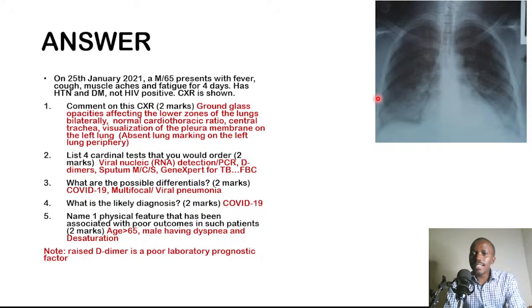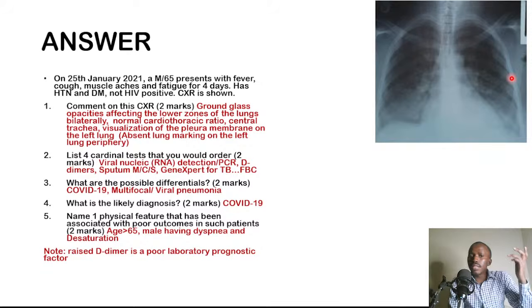So you have this ground glass appearance affecting the lower zones of the lungs bilaterally. The cardiothoracic ratio is normal. The trachea is central. And of course, you can visualize the pleural membrane on the left side. On this side, you can visualize the pleural membrane, this strip here. Okay, and because there is also absence of lung markings, you'll see this very closely when I give you the PowerPoint.